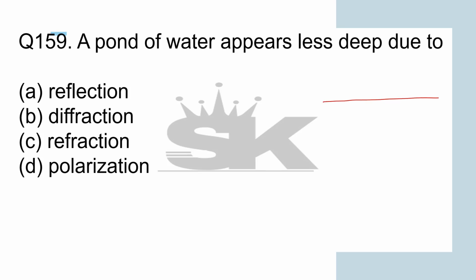Suppose this is the denser medium, this is rarer. Let's consider this is the normal. If the light ray passes like this in the denser medium, it is towards the normal.